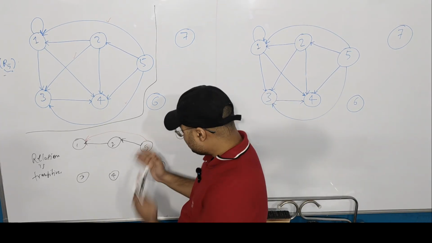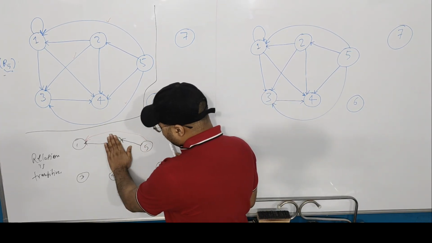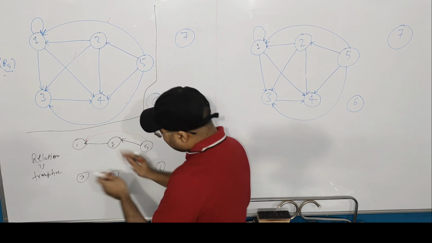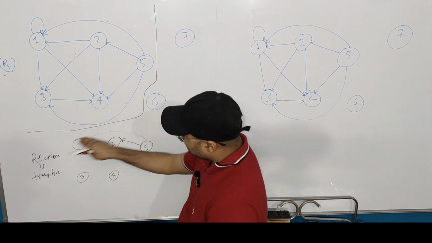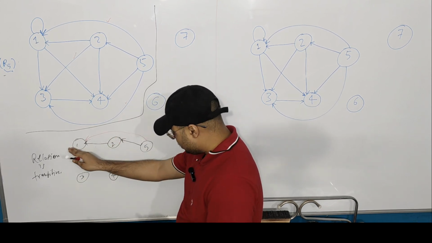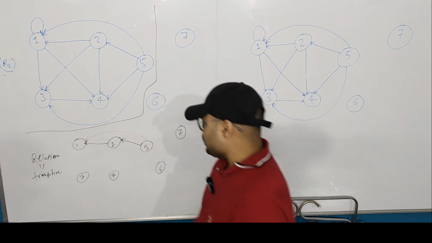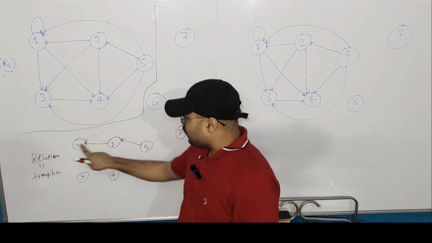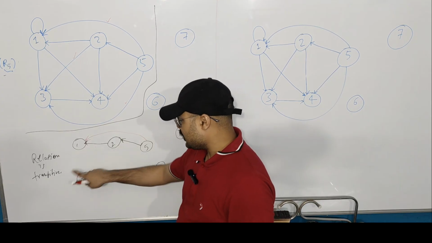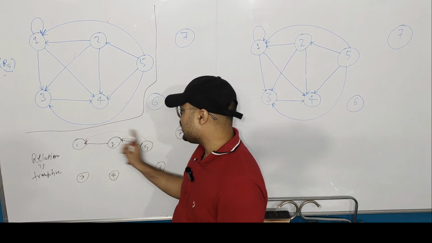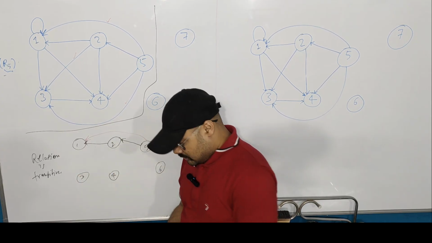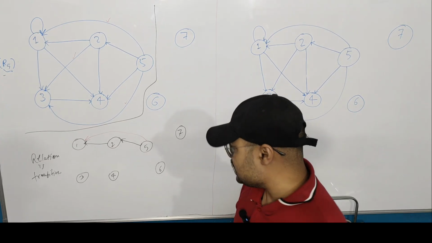Similarly, now once you have connected 5 with 2, whatever connected component comes from here in the remaining nodes, 5 has to be connected to it. Means from 2, wherever you can reach, whatever nodes you can reach, you have to have a direct edge from 5 to confirm the transitivity.